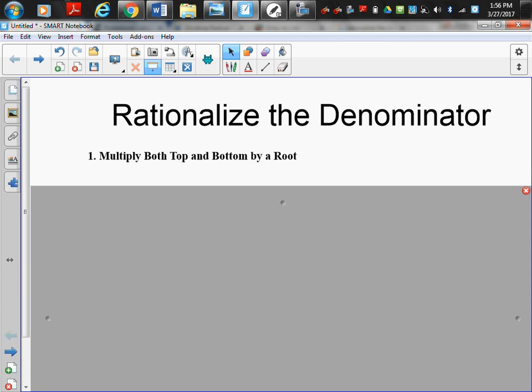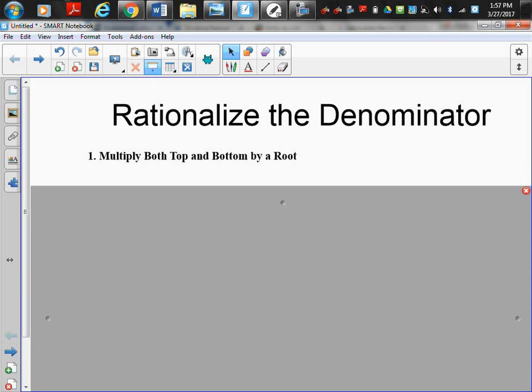So one thing, there are two different ways you can do this. Multiply both the top and the bottom by the same root. So if all you have in the denominator is a root, then you will multiply it by the root that's in the denominator, both the numerator and denominator.